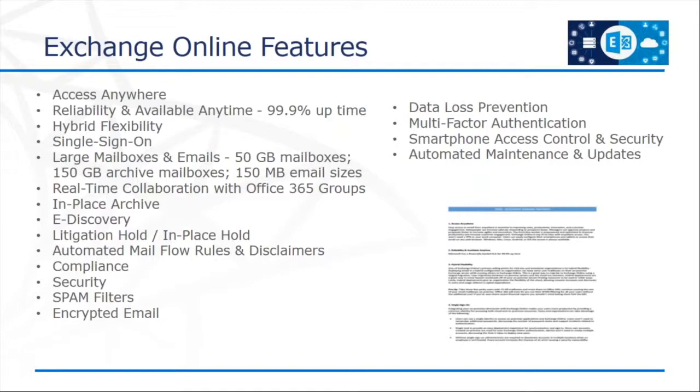Automated mail flow rules: since you have more than 7 years of experience, you might have seen some auto email alerts. Those kinds of rules we can define. Compliance policies are very important in every organization, and also security, spam filters, encrypted email and data loss prevention. We just talked about email, right?